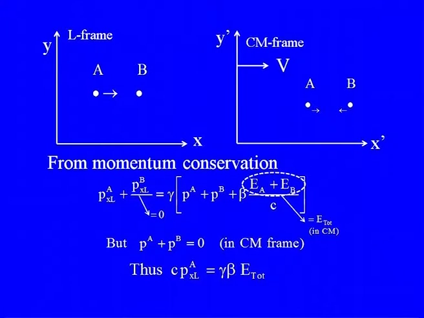And remember, beta is nothing but the velocity with which the center of mass frame is moving divided by the velocity of light. Gamma is another kinematical quantity related with beta, and c here is the speed of light.